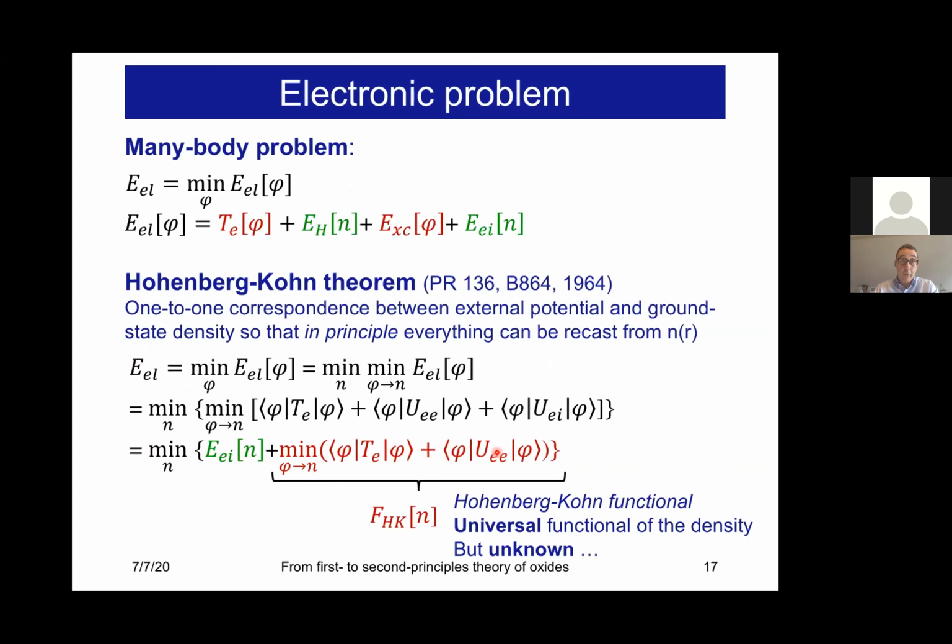Basically, what the Hohenberg and Kohn theorem is telling us is that in the same way this depends only on the density, if everything can be recast in terms of n(r), then this quantity here must also correspond to a given functional of the density.